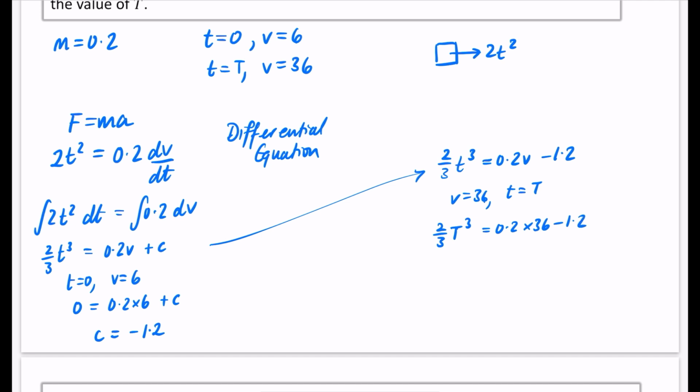So on my calculator, I'm doing 0.2 times 36, subtracting 1.2, multiplying by 3 and dividing by 2, so that I get t cubed is equal to 9, and I'll just do the cube root of 9, so I would do 9 to the power of a third, because I can never find the cube root button, and I get that t is 2.08 seconds, and that is to 3 significant figures.